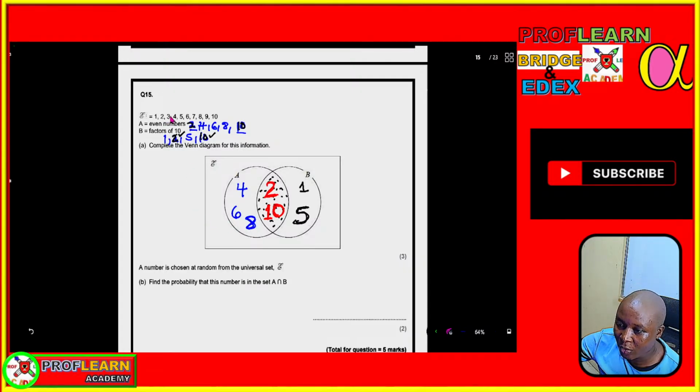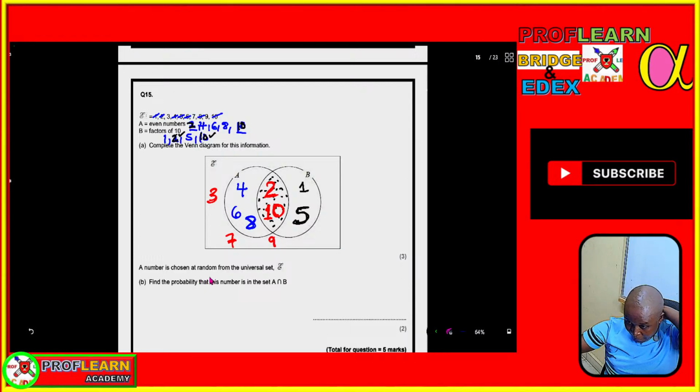Now, which elements have not been used? 1 has been used, 2 has been used, 3 has not been used, 4 has been used, 5 has been used, 6 has been used, 7 not yet, 8 has been used, 9 has not been used, and 10 has been used. So outside this set we are going to write 3, 7, and 9.